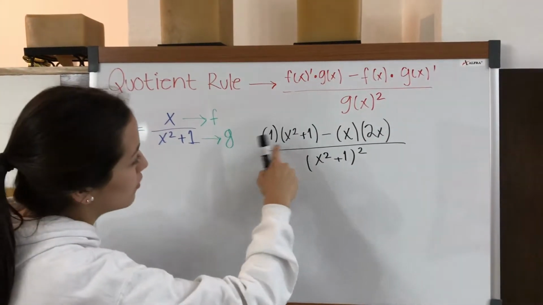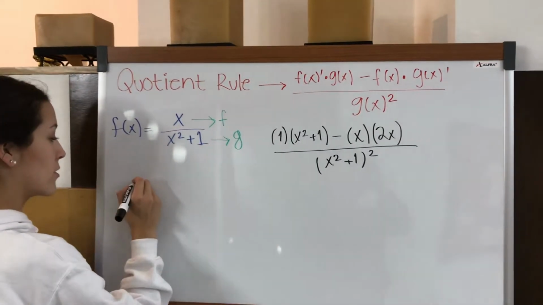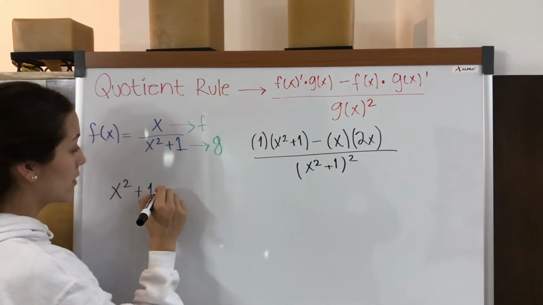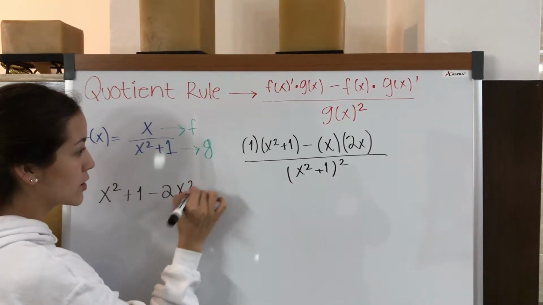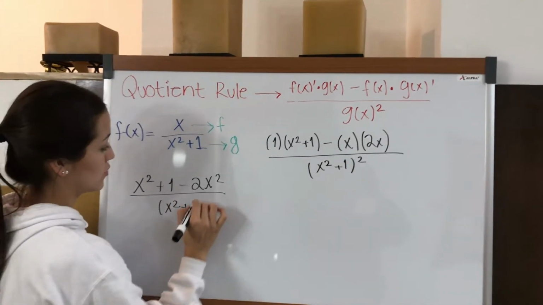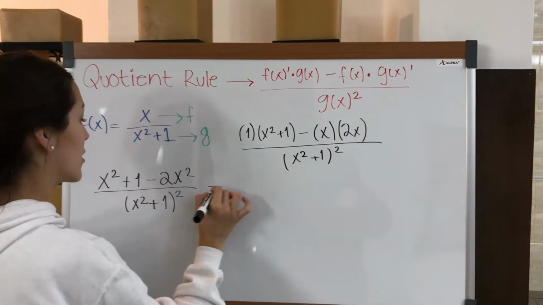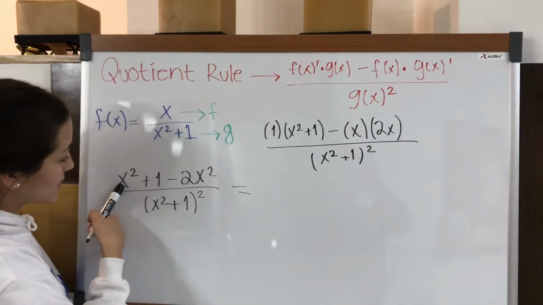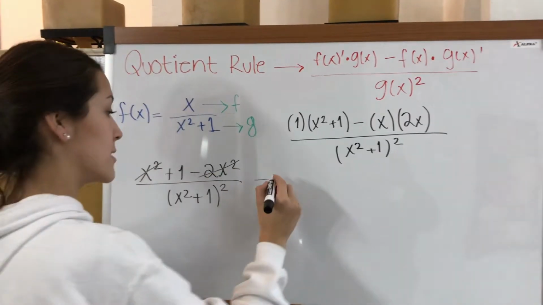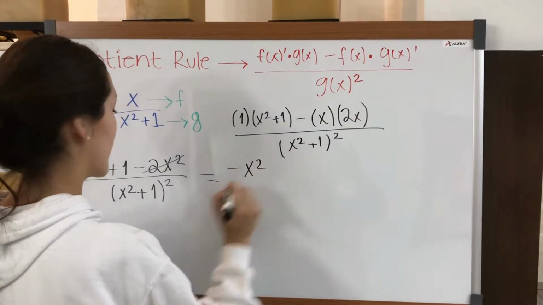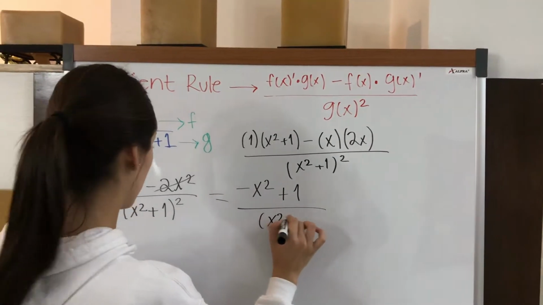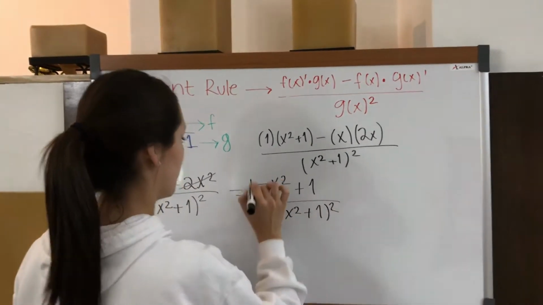Now you have to solve the multiplications that you get x squared plus 1 minus 2x squared divided by (x squared plus 1) squared equals to, you have x squared minus 2x squared, so these ones get cancelled and you get minus x squared plus 1 divided by (x squared plus 1) squared.